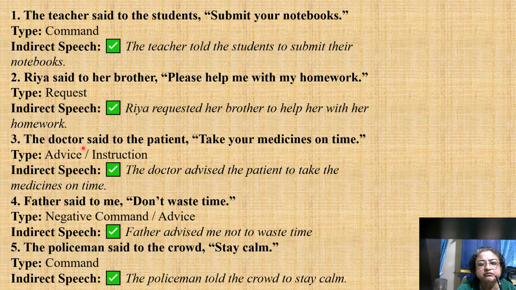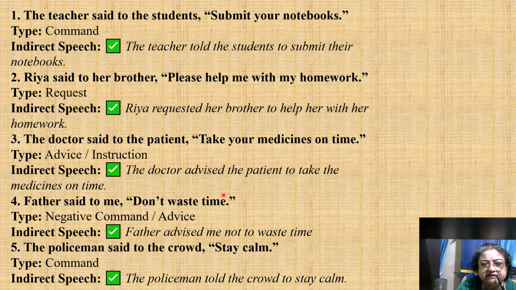In a board exam, sometimes it is given like a conversation, and you have to change that conversation into indirect speech. The rules will be the same. Said becomes told, then requested. According to the chart I have given, you have to use the reporting verb, and you change the pronouns also.